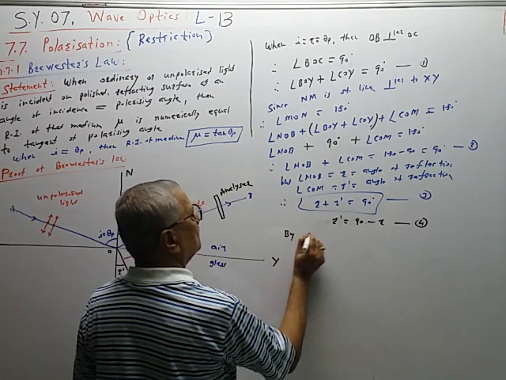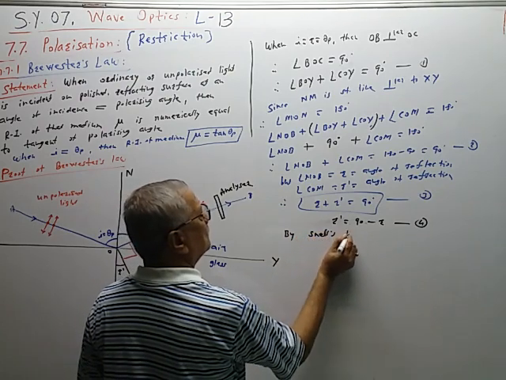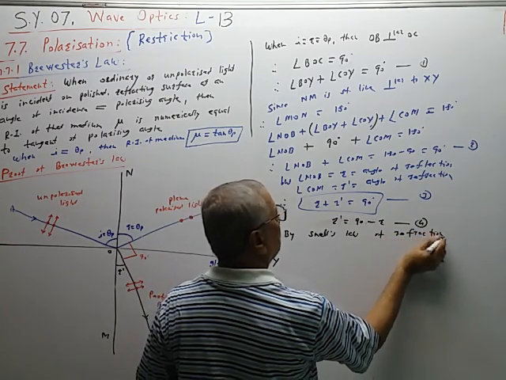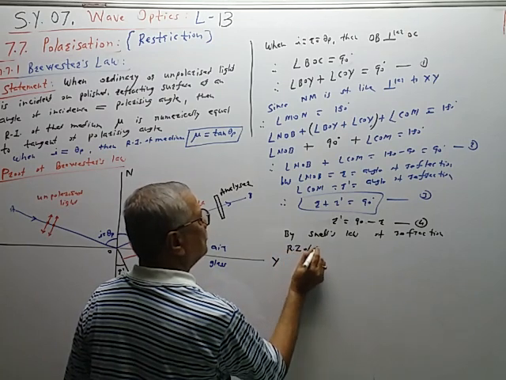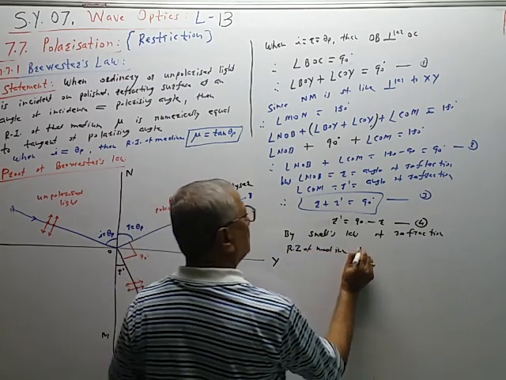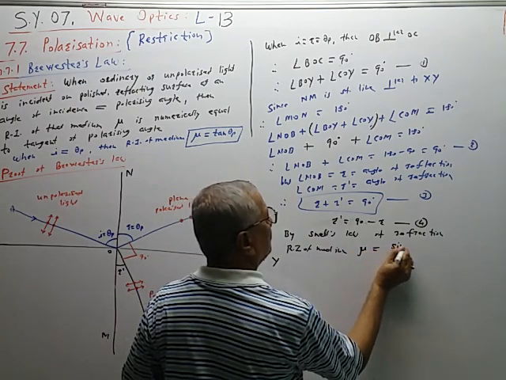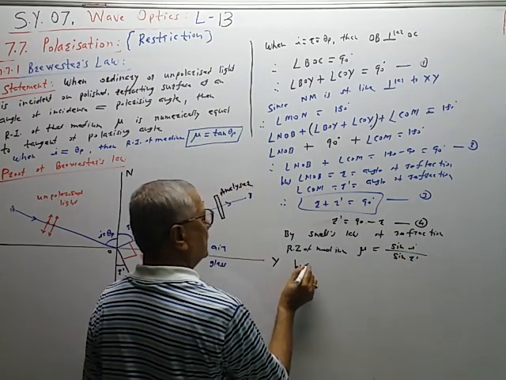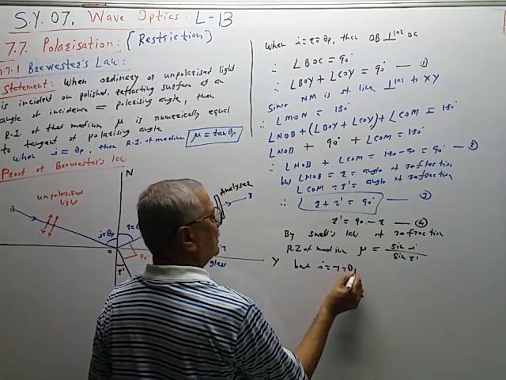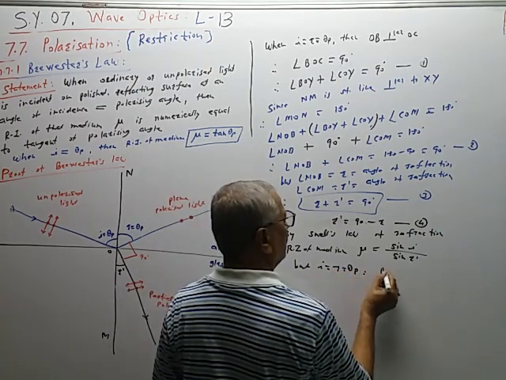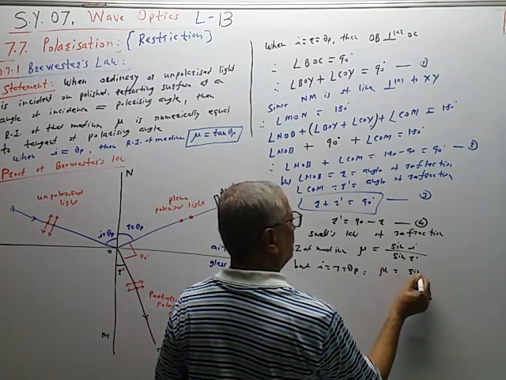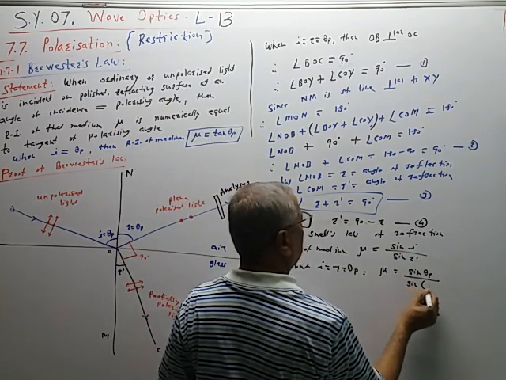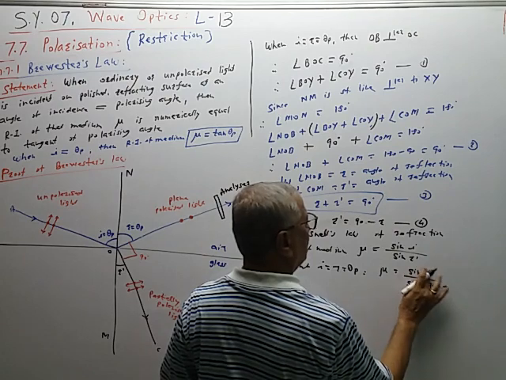By Snell's law of refraction, refractive index of medium mu is equal to sin of I upon sin of R dash, but I is equal to R is equal to theta P. Therefore mu is equal to sin of theta P upon sin of 90 minus R. इथे आपण सध्या I धरू.